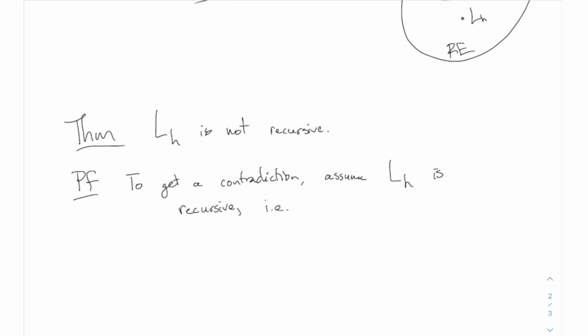I.e., what that means is that there is a Turing machine, which doesn't actually exist, but I'm going to say, assume we have a total Turing machine, meaning it never loops, it only accepts or rejects, whose language is LH.